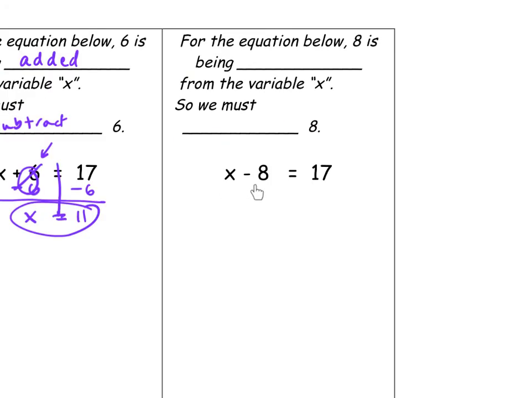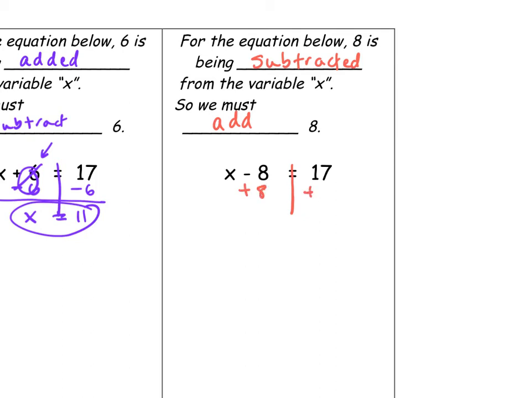For the equation below, 8 is being subtracted from the variable x. So let's write that down. So we must add 8, the inverse operation. So we're going to give ourselves a demonstration problem.